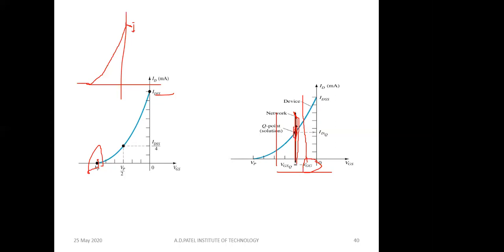Now wherever it intersects with your transconductance curve, that is your transfer characteristic curve, that will give you the operating point, the Q point, for the fixed bias. Now, how will this fixed bias be used as a switch?